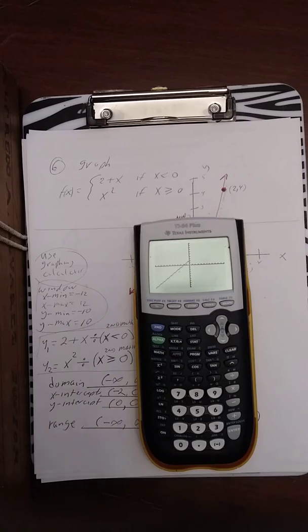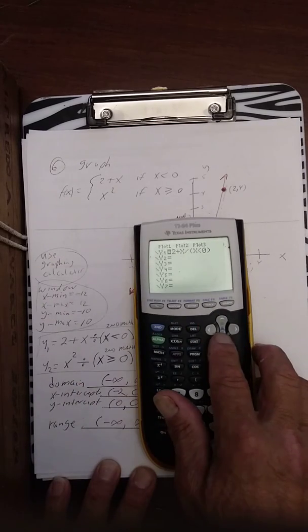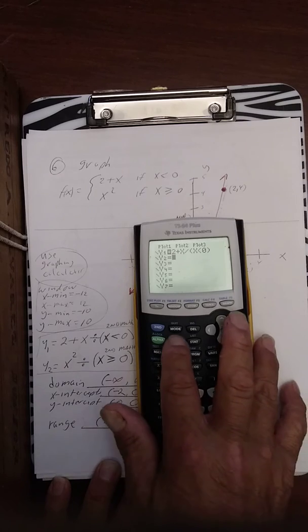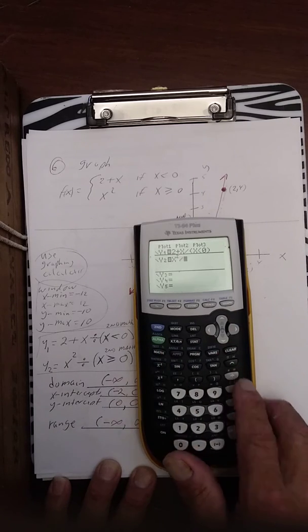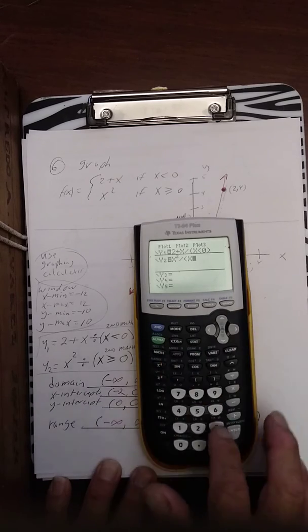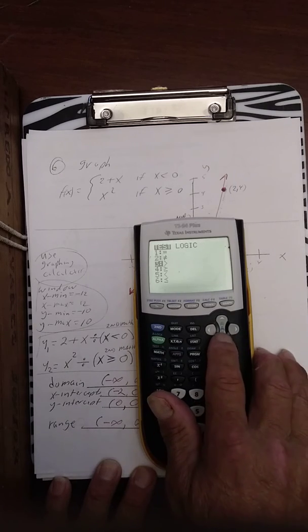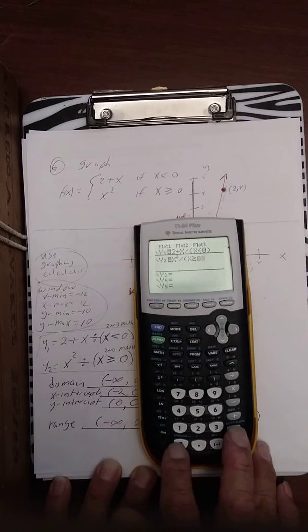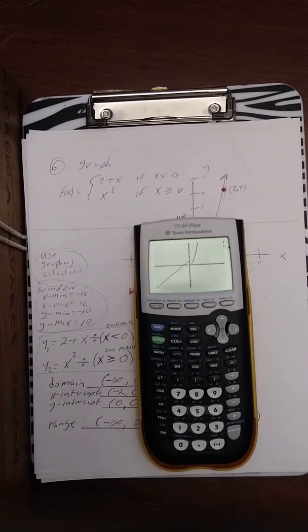Now we need to do the other part, x squared. Go back to y equals, move it down. So we're going to put x squared, division symbol, parentheses, x, this time second, math, find the symbol we need, it's right there, and then close it and hit graph.